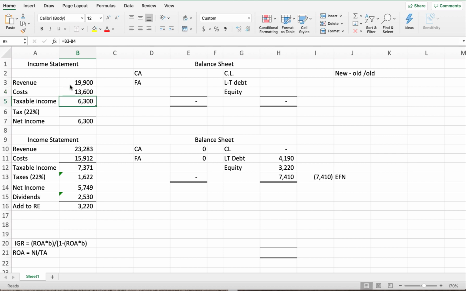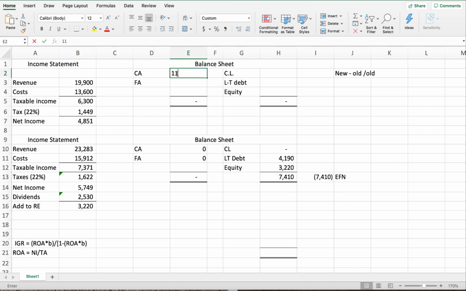That means our net or taxable income was $6,300. Our taxes, in this case, were 23%. So that is 1,449. And we get net income of 4,851. Okay, cool.